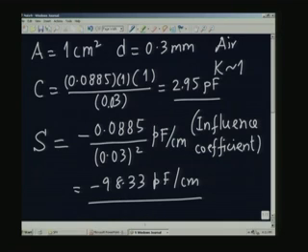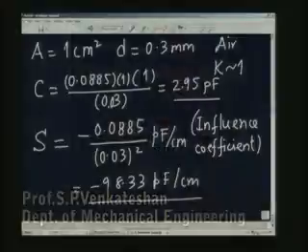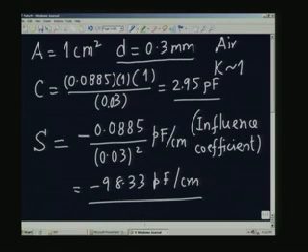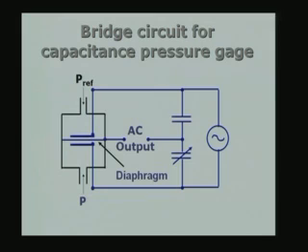So, this basically characterizes the particular diaphragm gauge. In this case I have taken air as the intervening medium. If I know the initial gap between the two plates, and this initial gap changes by a small amount because of the application of pressure, the change in the capacitance will be given by the expression S equal to minus 98.33 picofarad per centimeter.